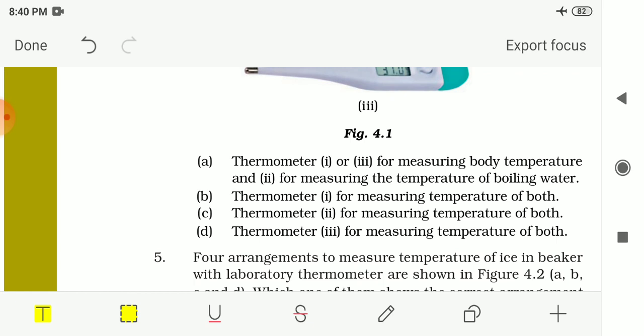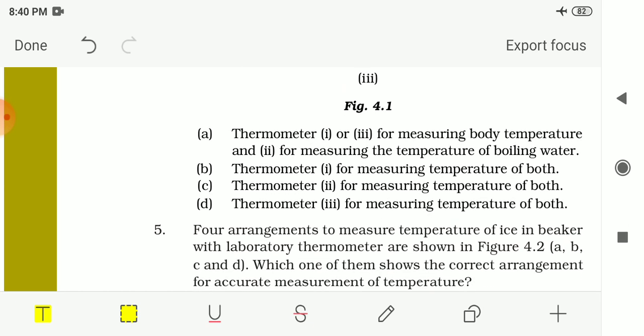Thermometer 1 or 3 for measuring body temperature, and second for measuring the temperature of boiling water. Next option is thermometer 1 for measuring temperature of both, thermometer 2 for measuring temperature of both, and the last option is thermometer 3 for measuring temperature of both.